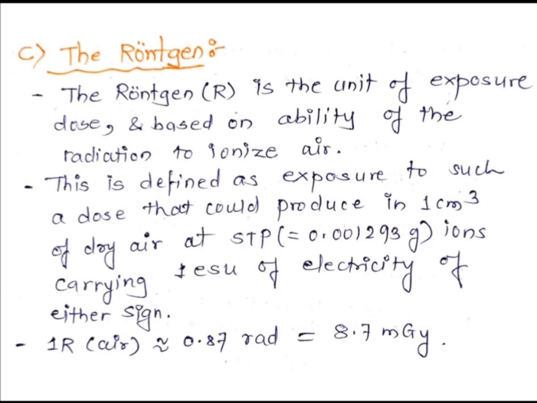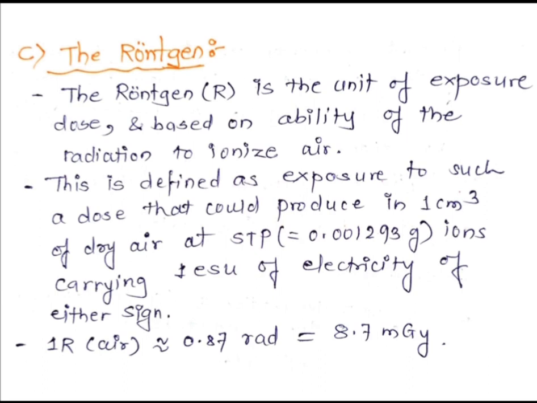So the Roentgen is a dose that could produce in 1 centimeter cube of dry air at STP, and then ionization occurs, and those ions will carry 1 electrostatic unit of electricity of either sign. Positive and negative charges will be developed there due to ionization.